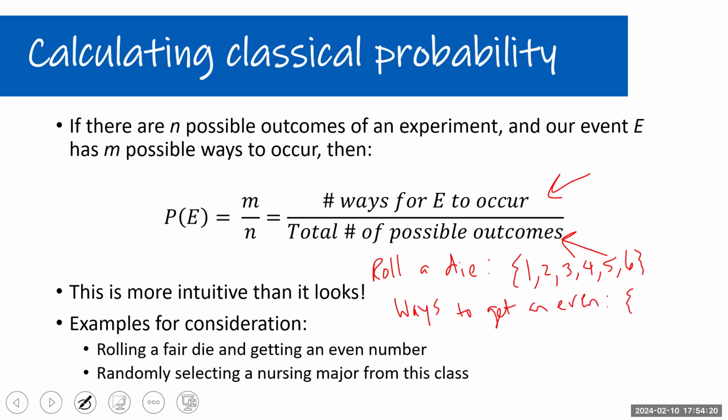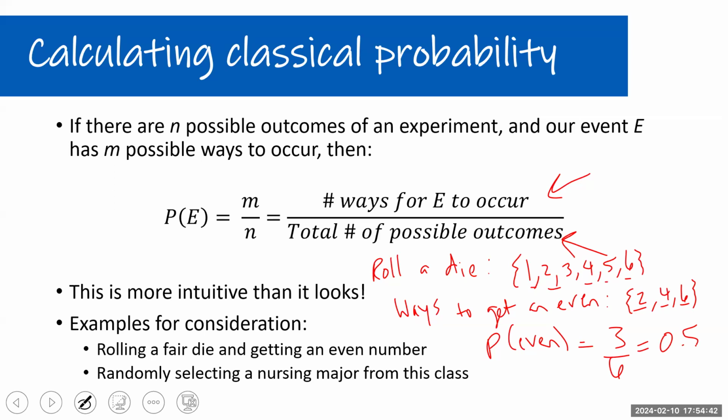Well, we have 2, 4, or 6. So the probability of even is the 3 ways divided by the 6 total possible ways, which is 3 out of 6, or 1/2, or 0.5, or 50%.